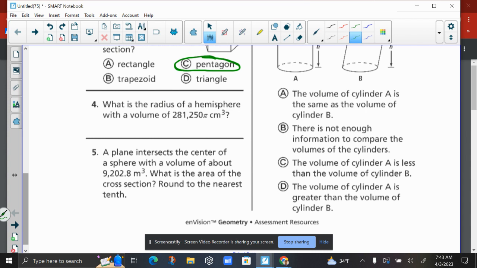What is the radius of a hemisphere with a volume given there? So think, what's the radius of a hemisphere? Hemisphere, that's a half a sphere. If it has a volume of 281,250 pi, we can use our formula sheet.